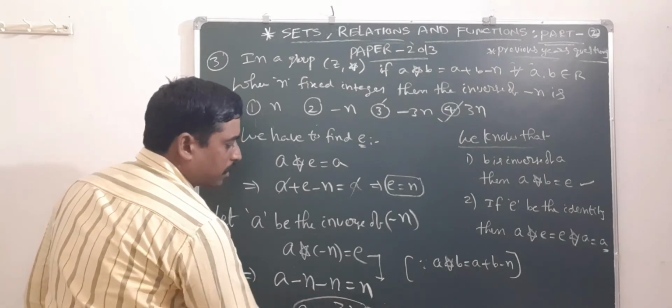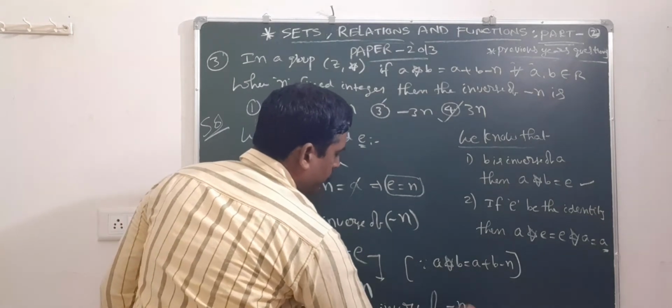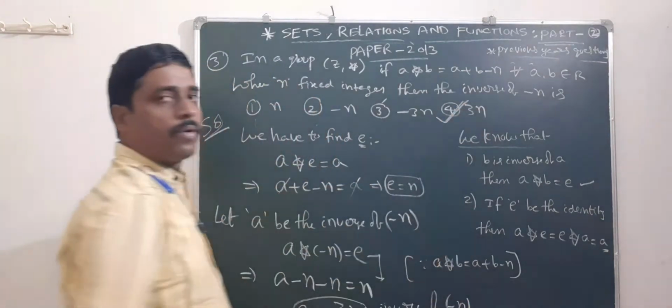So A is equal to 3N. This is the inverse of minus N. So which option is correct? Option 4 is correct.